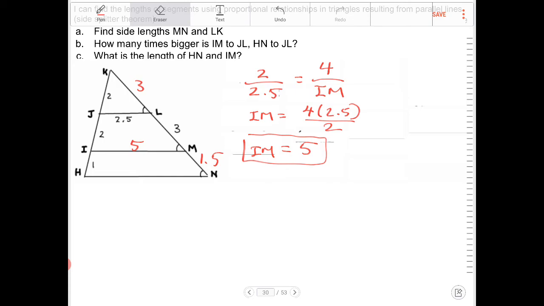Okay, and we're going to need to compare again to JL here. So JL, how do I find out what JL is? How many times bigger is IM to JL? Well, it's going to be twice as big. We already established that. And then HN to JL. HN compared to the overall length right here is going to be 5.